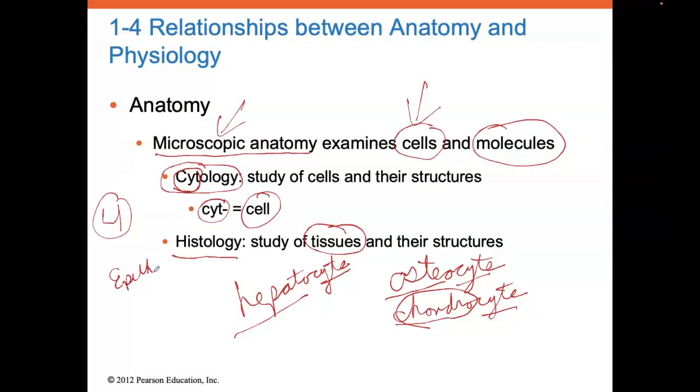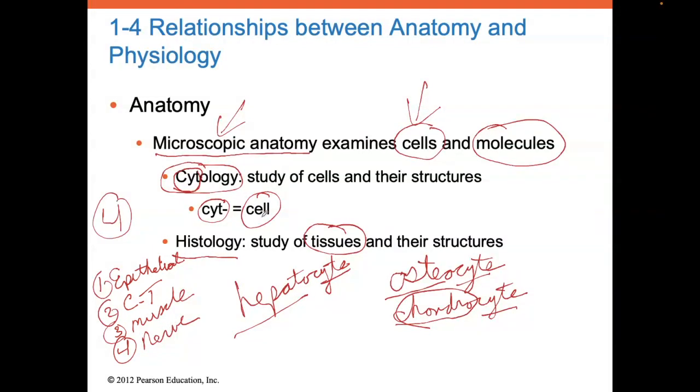There's epithelial tissue, there's connective tissue, there is muscle tissue, and there's nerve tissue. So we have 4 types of tissues that we're going to be talking about in another week: epithelial tissue, connective tissue, muscle tissue, and nerve tissue.